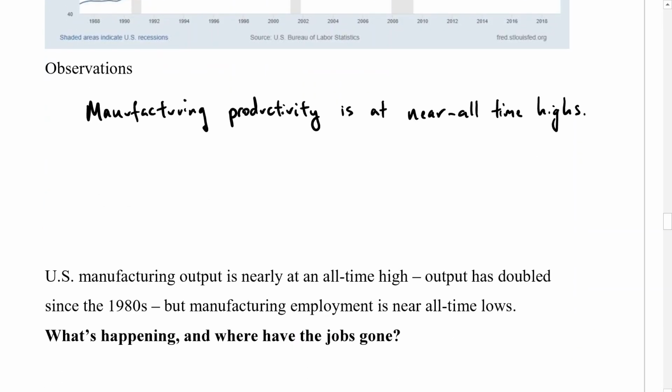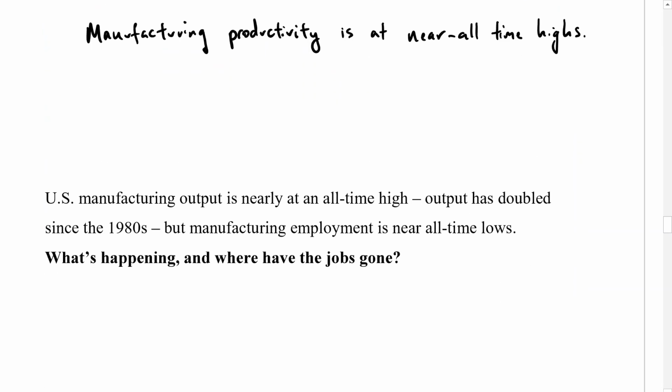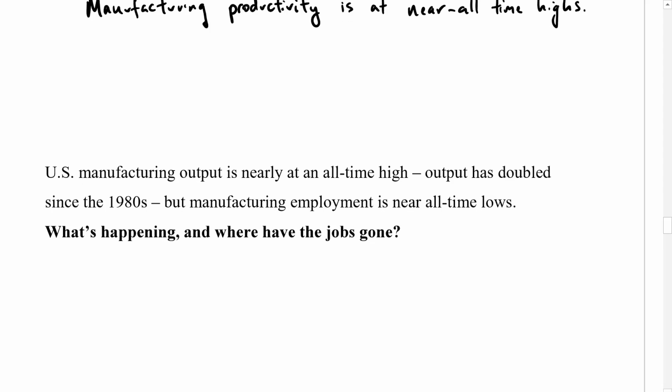And the question then is, so what's happening? Where have all the jobs gone? Essentially, manufacturing continues to be successful in output due to increased productivity through innovation, automation, and technology.